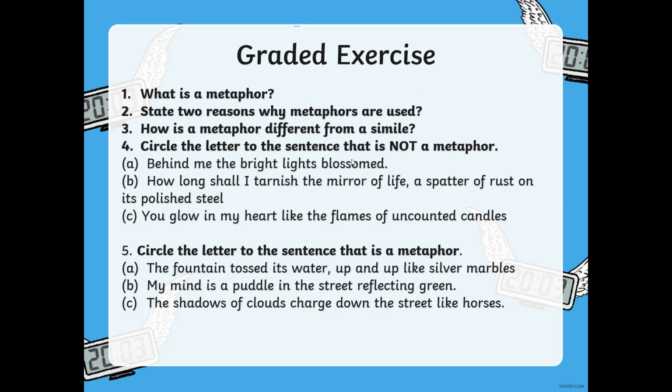Alicia Brown. Yes, Mr. Petit. I don't understand. You circle all the letters for number 4 and number 5. Okay, so that's A, B, and C, and then I just put a star or asterisk next to the answer. Why did you do it like that? Clearly it says circle.